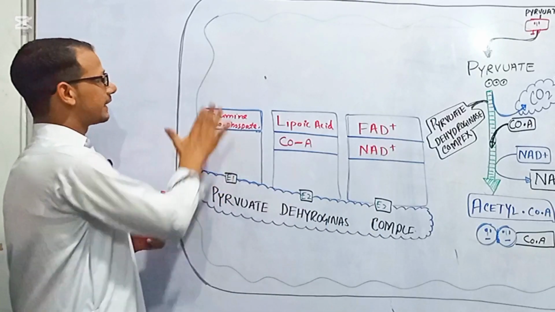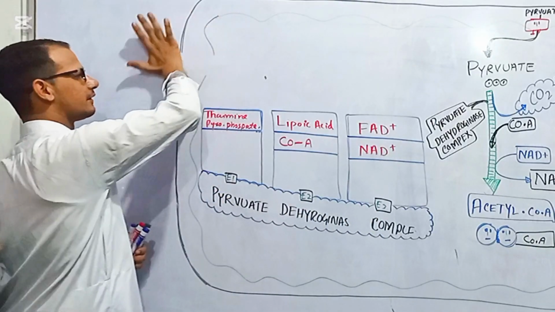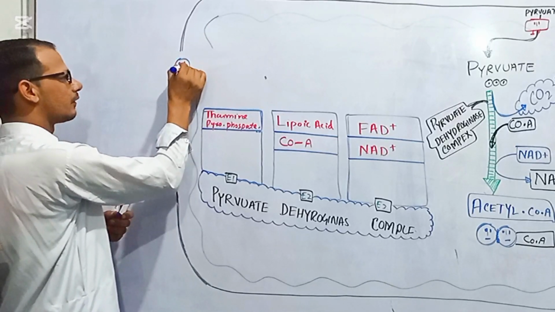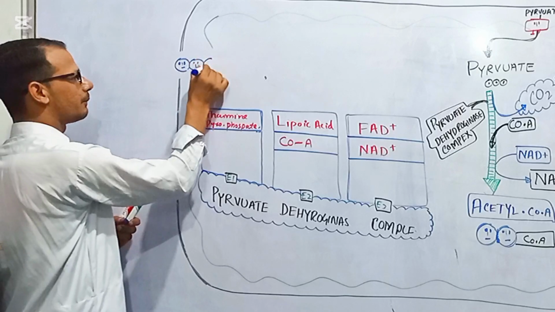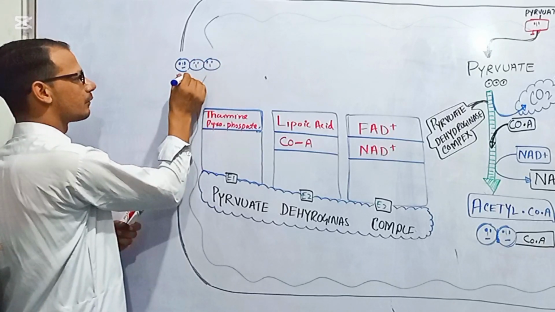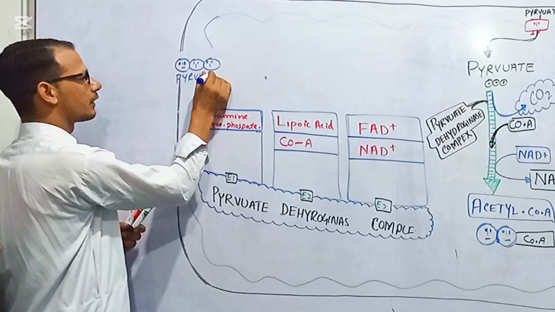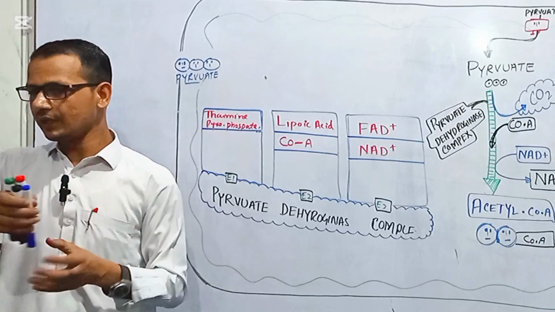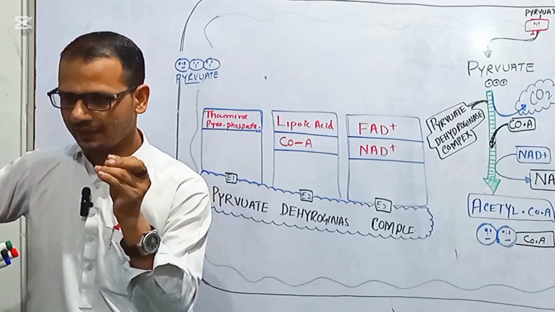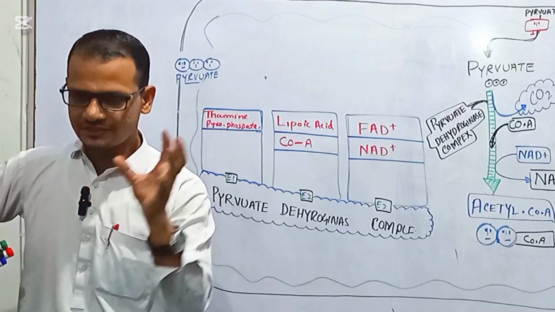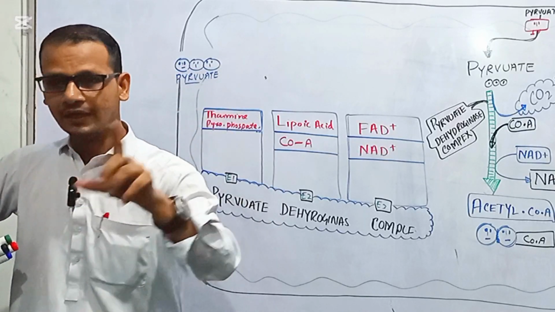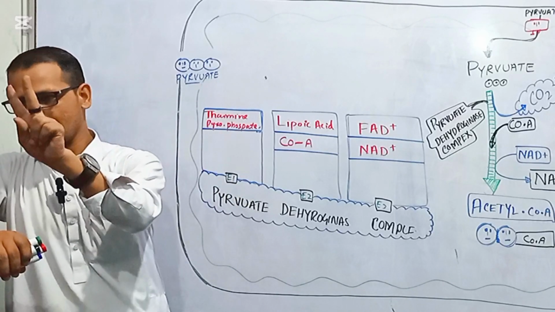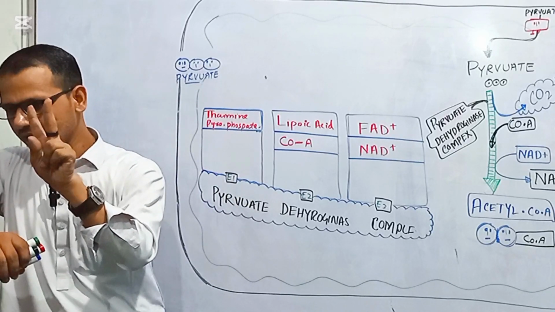Now from here I have the pyruvate, which is a 3 carbon compound. But remember, every enzyme has an active site to which a substrate binds, right? The active site present here can bind only 2 carbons.